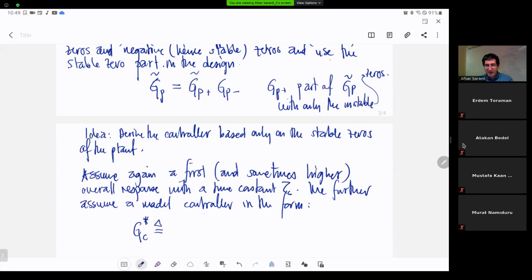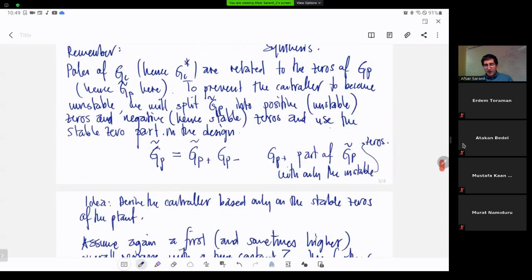It will be 1 over GP minus, that means the inverse of the plant excluding the unstable zeros of the plant, so that this reciprocal function does not have any unstable poles, times 1 over 1 plus tau c s to the power r, where r is equal to 1, 2, etc.